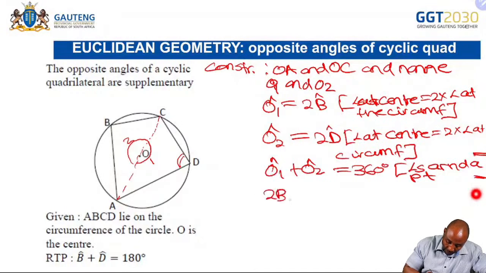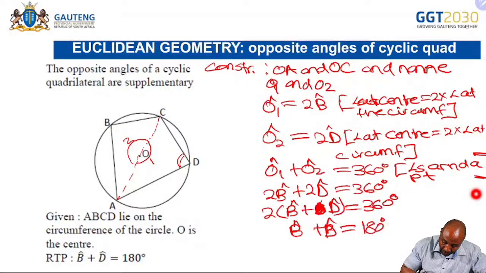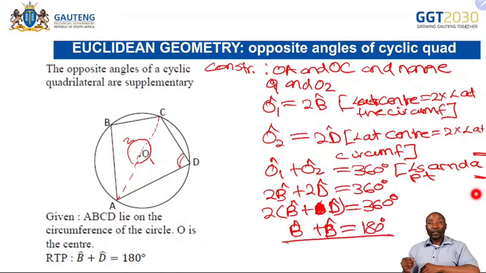It is 2 times B plus 2 times D for O2 is equal to 360 degrees. Common factor is 2. We have B plus D is equal to 360 degrees. We divide by 2. B plus D is equal to 180 degrees. Proven.